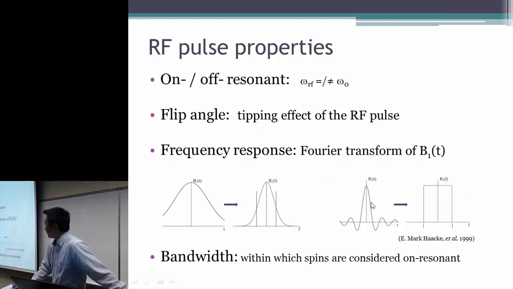So for this sinc pulse scenario, all the spins that fall within this frequency response profile are on-resonant. But for the Gaussian case, we can define the bandwidth to be the full width at half maximum of this frequency profile, so that any spins within this frequency range are considered on-resonant, even though in fact they do not strictly have the same signal intensity, or experience the same flip angle effect.